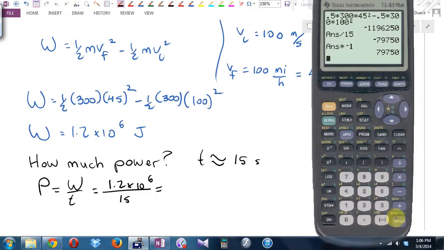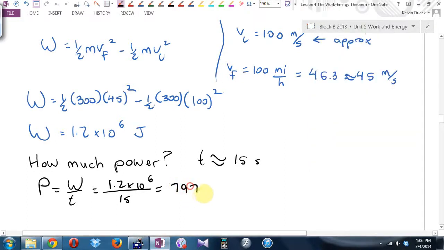And I get 79,750 watts. I get 79 kilowatts. If you use the 1.2 times 10 to the 6th. So let's call it 80,000.